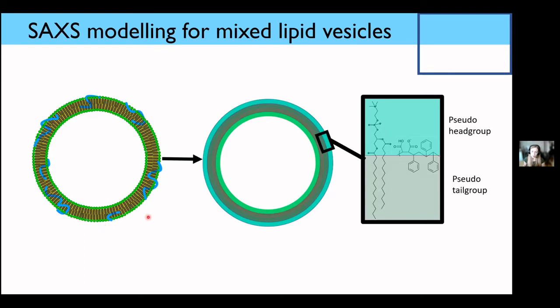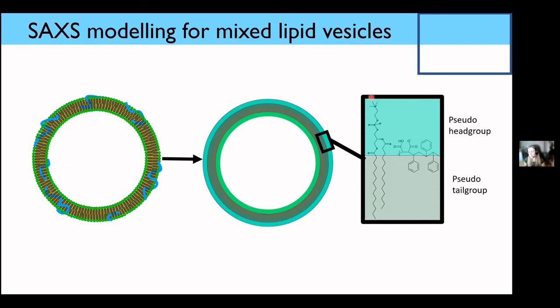So for the lipid vesicles that had absorbed SMA but were still lipid vesicles, we extended this 3-shell model to a 4-shell model so that we could allow an asymmetric insertion of SMA into the bilayer.